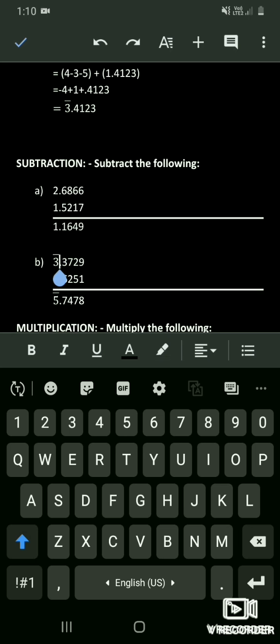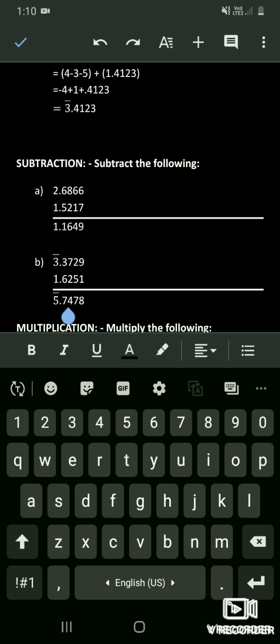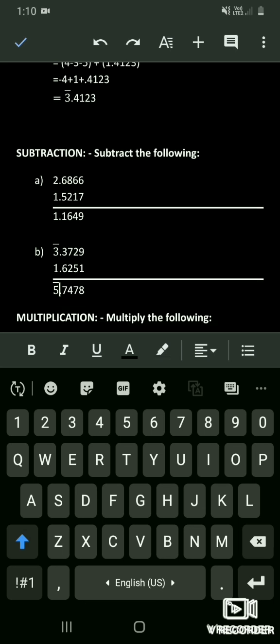So this will be minus 4 because you're taking one value. So from minus 3 it will be minus 4, and here 13 minus 6 is 7, and in the last term you will get minus 4 minus 1 is minus 5.